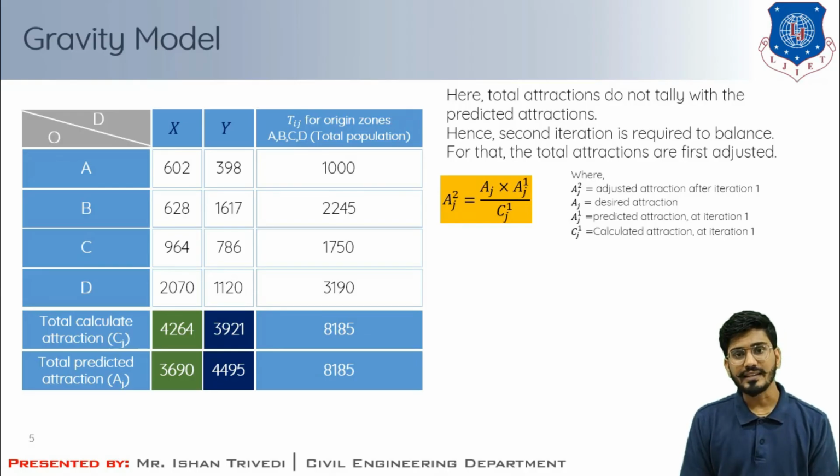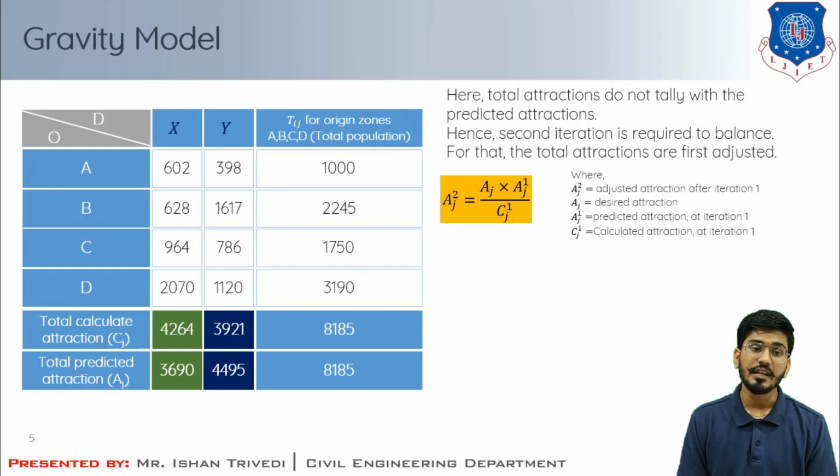What we have predicted is also similar in nature, that is 3690 and 4495. So both values in this case are similar, and what we have calculated is 4264 and 3921 for X and Y industry respectively.